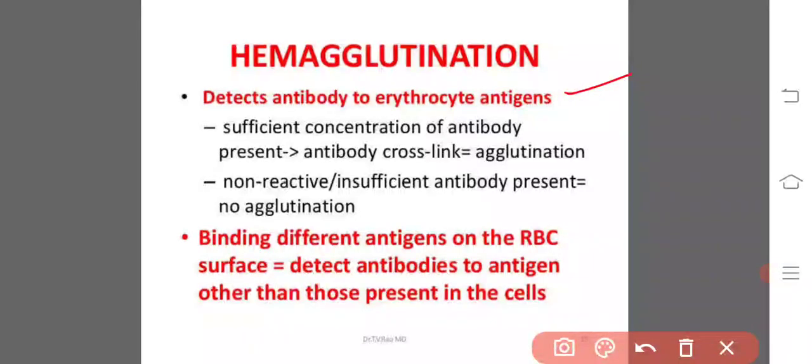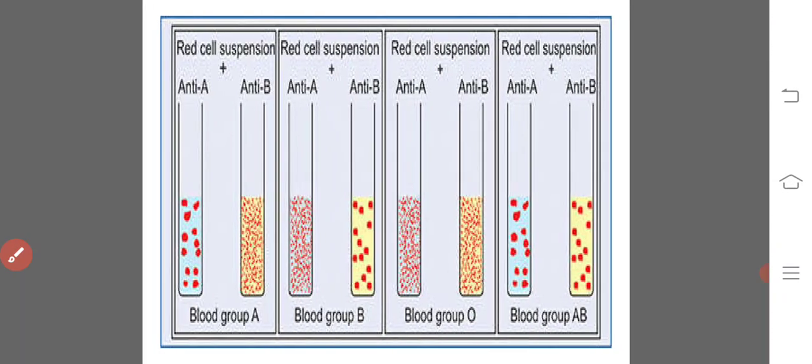If sufficient concentration of antibody is present, that leads to the antibody cross-linking and results in the agglutination. If it is non-reactive or antibodies are insufficient, no agglutination takes place. Here, binding different antigens on the RBC surface is equal to that detects the antibodies to antigen other than those present in the cells. It is a hemagglutination.